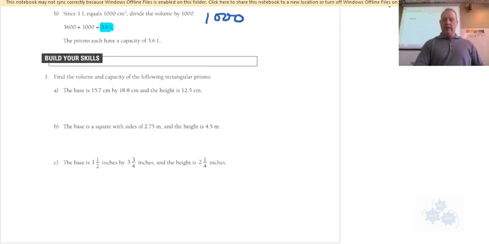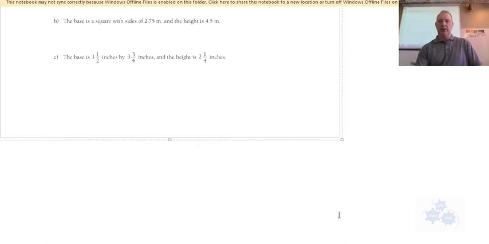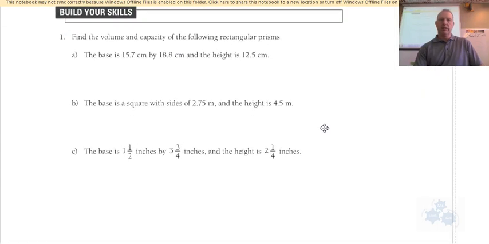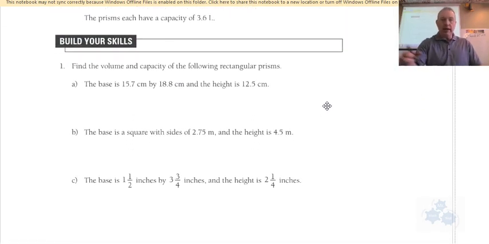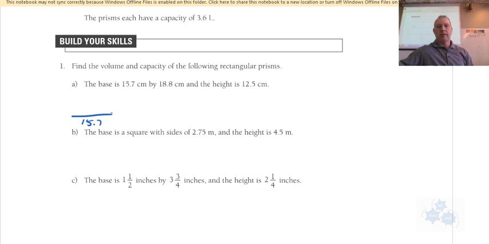All right, so let's give this a shot here with some build your skills practice questions. Number 1 says, find the volume and capacity of the following regular or rectangular prisms. So the base is 15.7, and the other dimension on the base is 18.8.